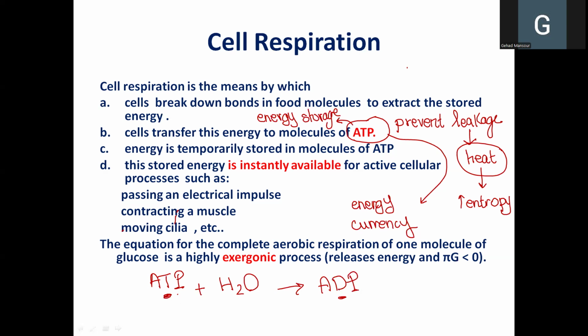So from triphosphate, you get diphosphate. From 3 phosphates, only 2 remain because 1 phosphate group is released because of the breakage of the bond that was between this phosphate and the 2 other phosphates. And when this bond has been broken, energy is released. So whenever we need energy, we hydrolyze ATP.